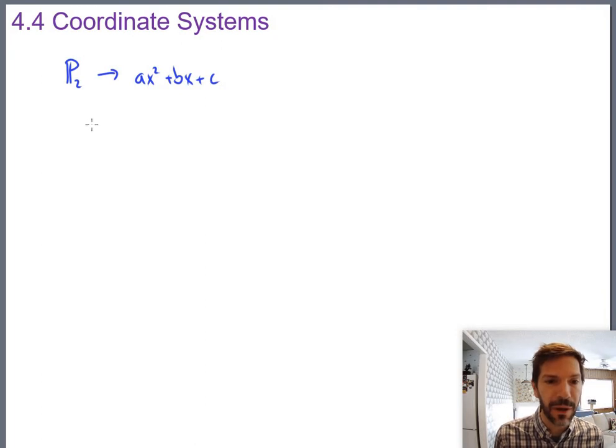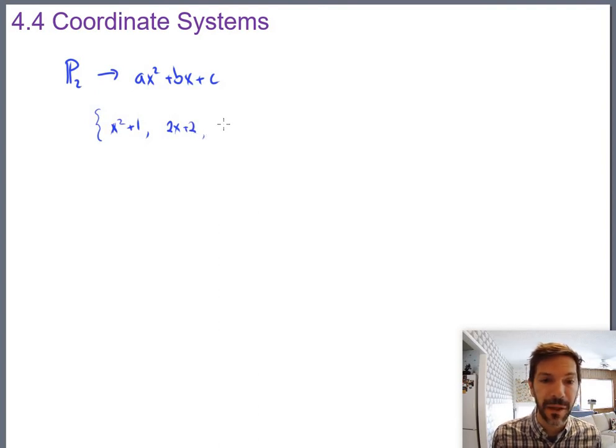So let's look at one particular coordinate system. For this, you could have the polynomial x squared plus 1 as one of yours, and the polynomial 2x plus 2 as another one, and the polynomial 3x squared plus 5x as your third one.